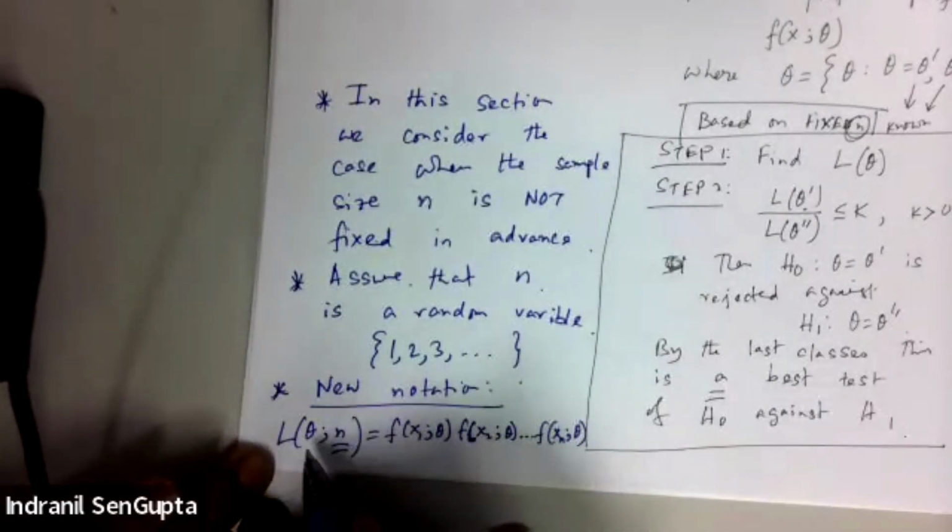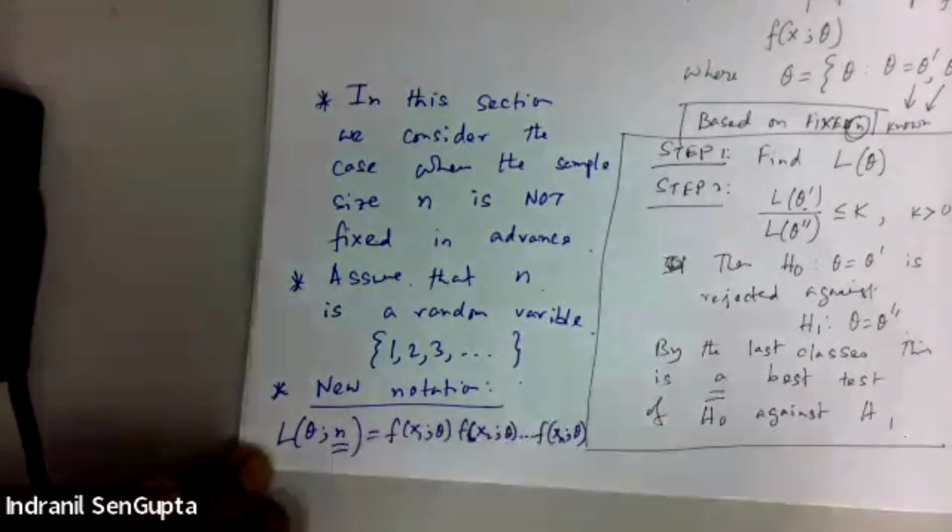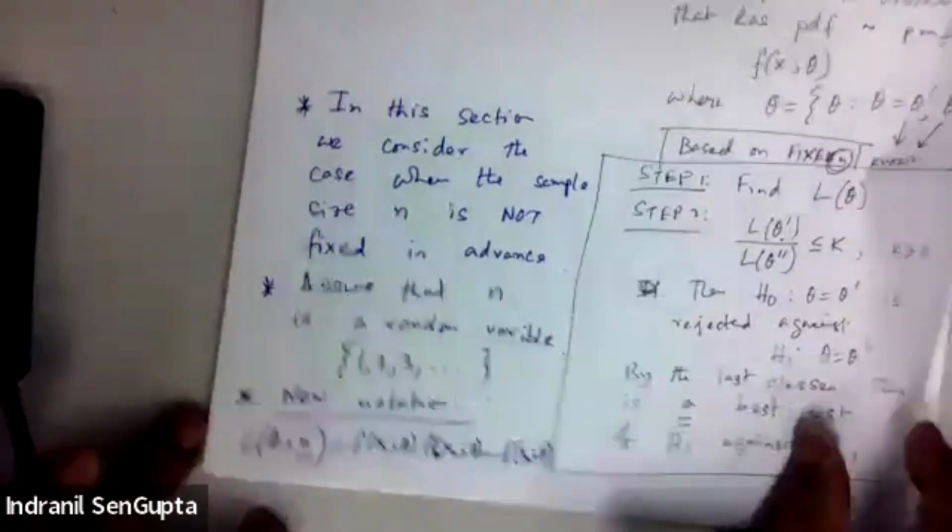Basically it takes care of two things: one is the parameter value theta, and the other one is the sample size n.